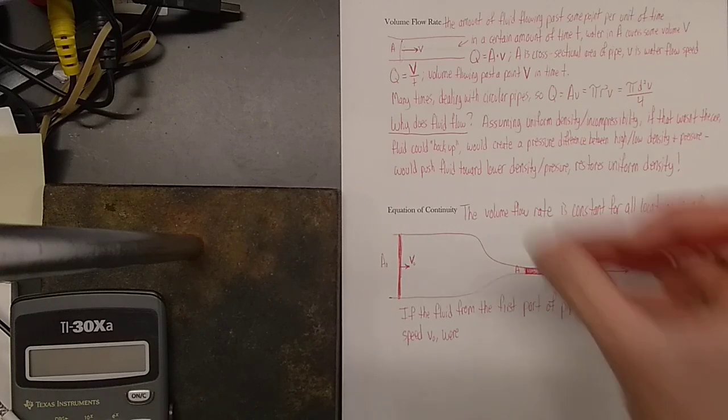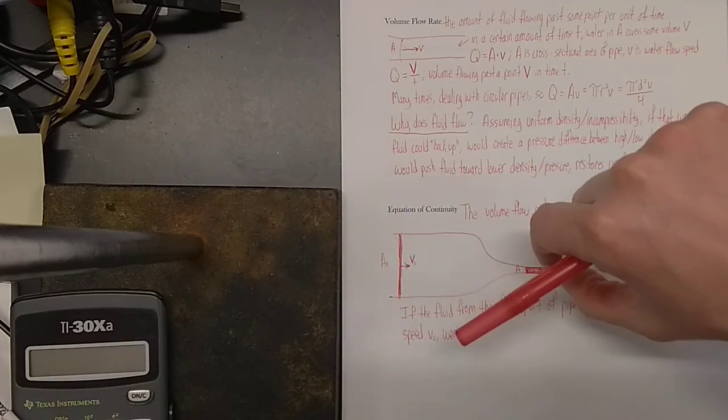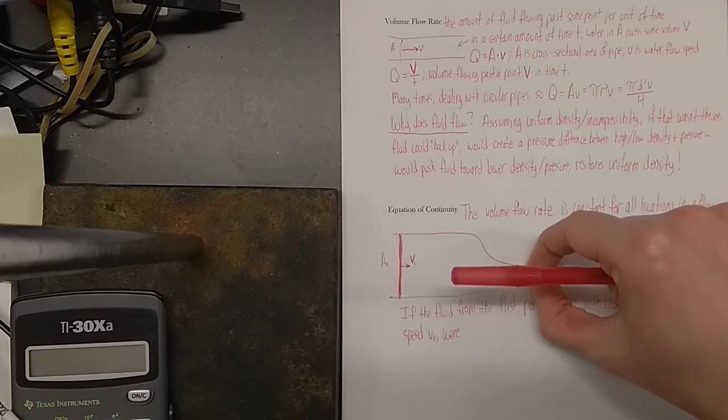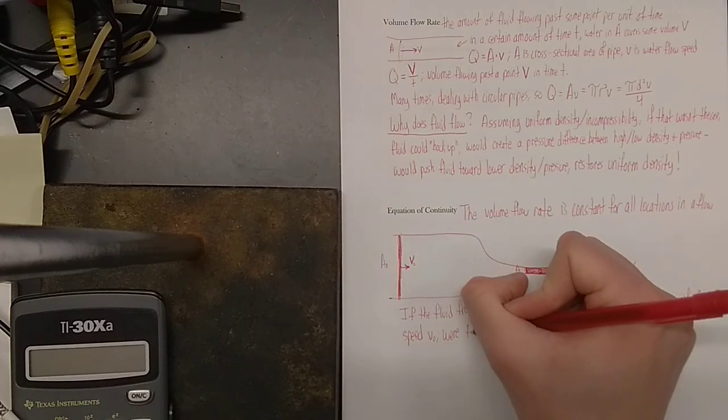And what that would cause, if we're taking all this fluid flowing through this smaller area, is you would be compressing it more. And so that would create higher pressure and it would push this water out faster.